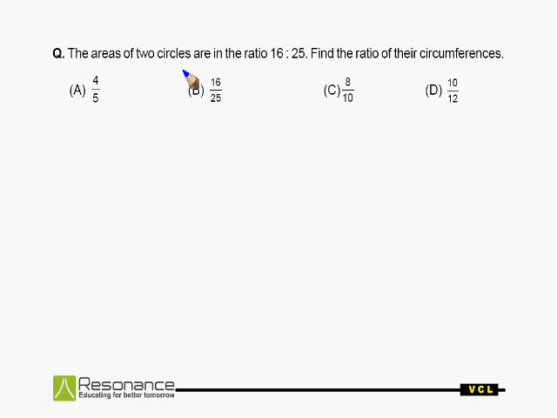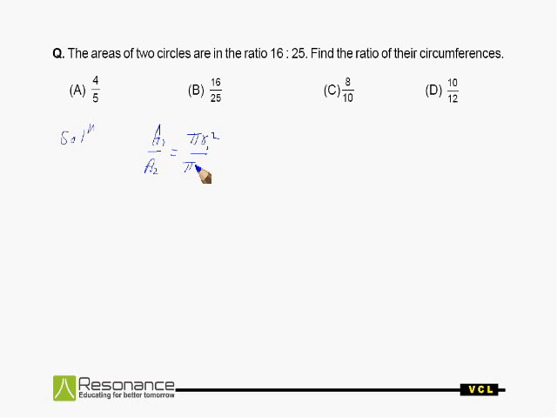The area of two circles are in the ratio 16:25. Then find the ratio of their circumference. In this question, we have given the area of the two circles. Let the areas be A1 upon A2. As we know that the area is pi r square, let's say pi r1 square.